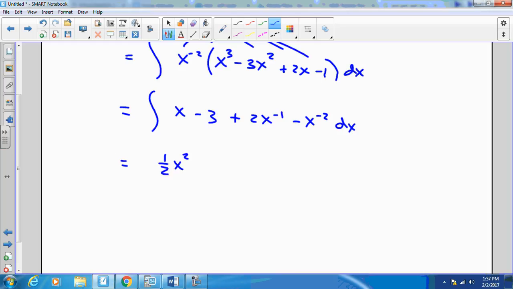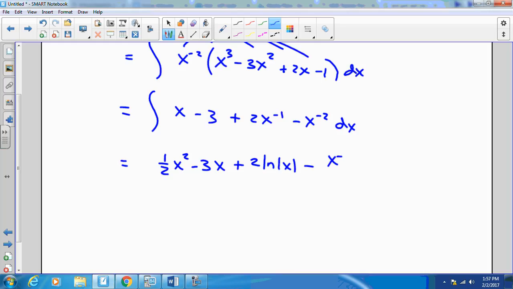1/2 x squared minus 3x plus, special exponent alert, minus 1. What is that going to give me? Natural log of the absolute value of x. Minus, add 1 to the power, x to the minus 1 power.